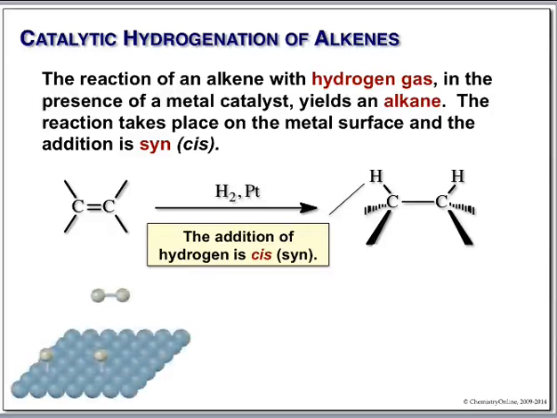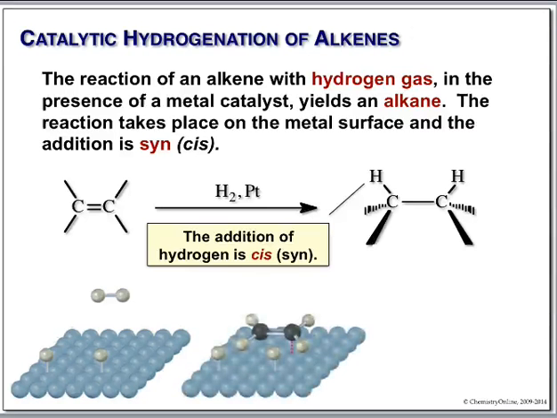The way this thing works, this is your platinum surface. When hydrogen gas encounters a platinum surface, it binds to the surface. It actually binds to the platinum atoms, and in doing so, the hydrogen, H2, splits into two hydrogen atoms. Now they're bonded to the surface like this.